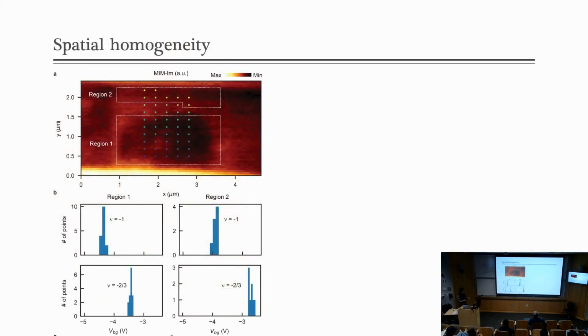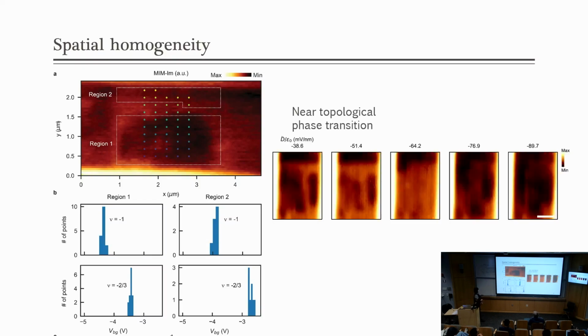We also did some measurements of the spatial homogeneity of the sample. It seems like a very nice sample, with spatial homogeneity of maybe less than 5% of the twist angle. That allowed us to see this more bulk type of phenomena where a well-defined edge is there.